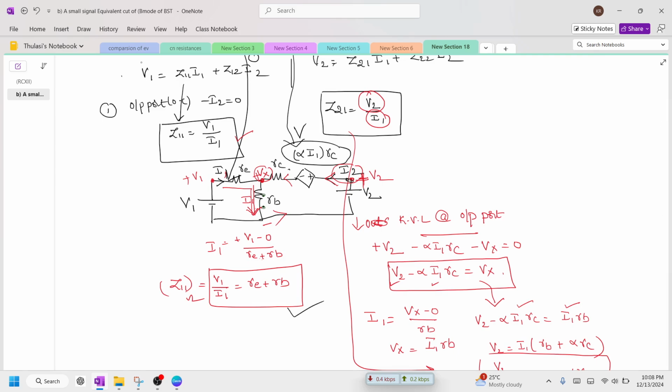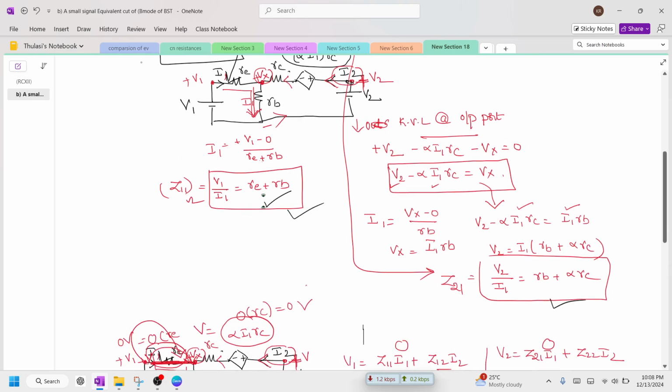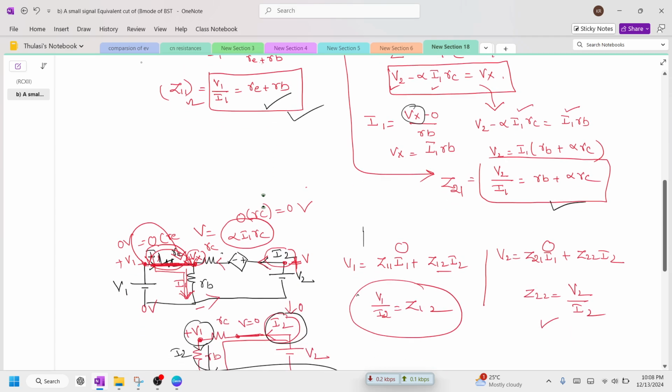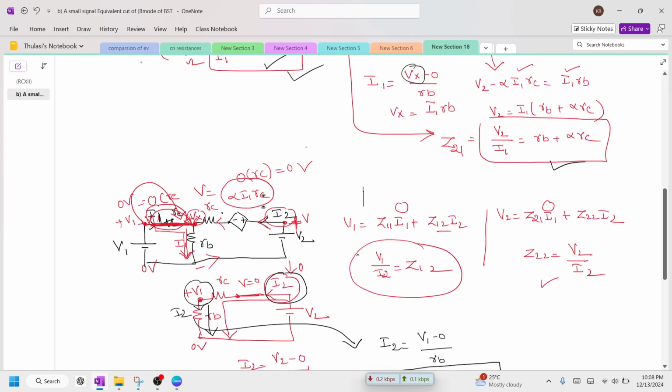This is one voltage, this is another voltage, so directly I got V1 by I1. Similarly, I applied one KVL, and I saw that no equation will consist of Vx. So I transformed that Vx into the required format, and got the resultant answer like this.